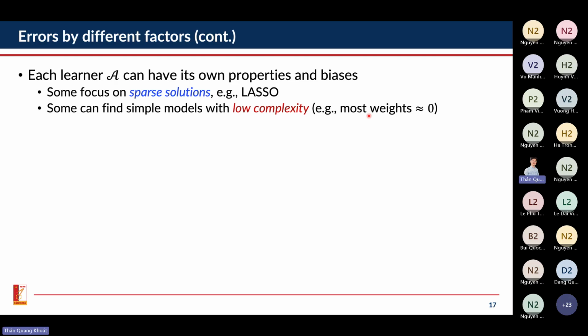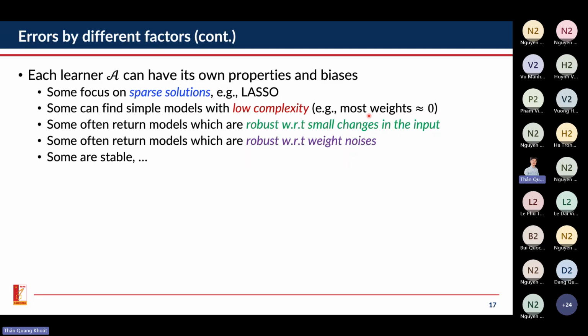This is one kind of bias from the learner. But sometimes a learner can prefer models which are robust to the input. In this case, the trained model can be very robust, right?